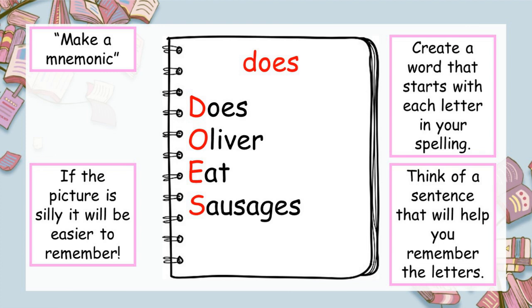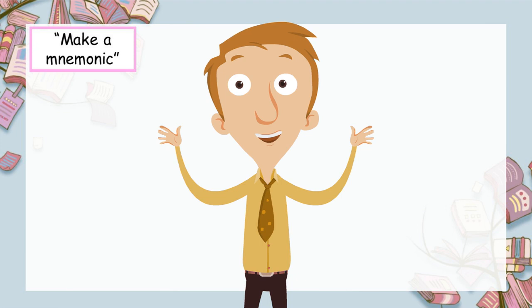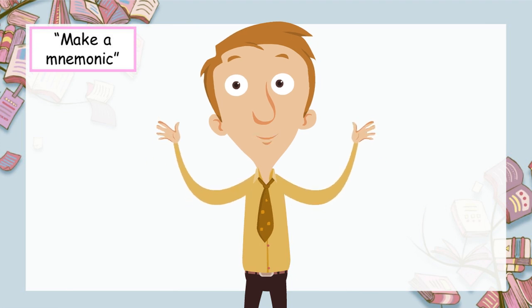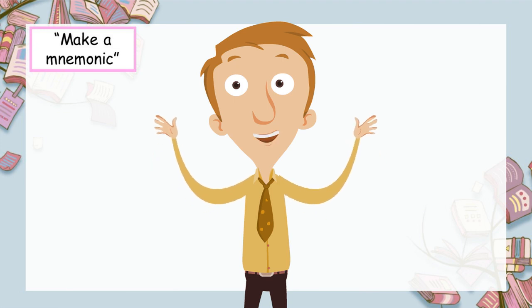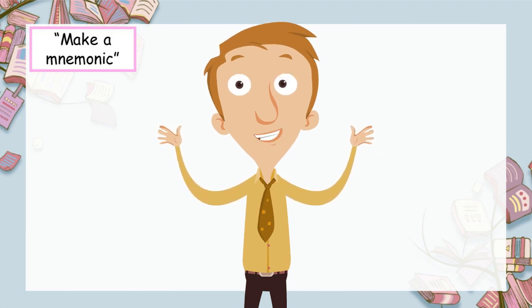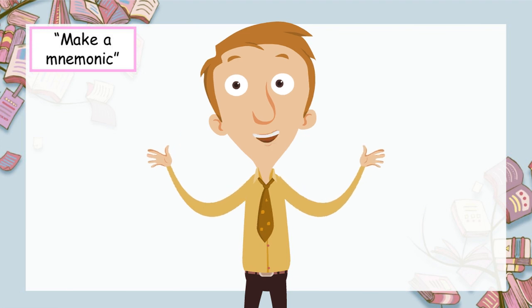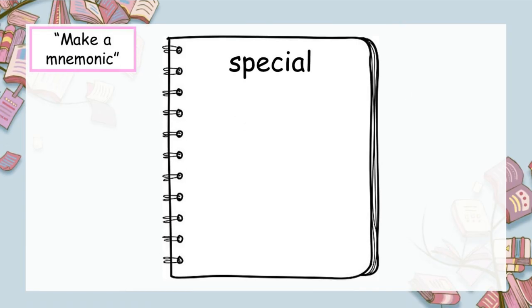Easy. Now, you can only fit so many of these mnemonics in your head. So I recommend that you use them with your hardest, trickiest spelling words, the ones that you always get wrong. And it works with all sorts of words. Let's do this word together, the word special. It's a tricky spelling word.